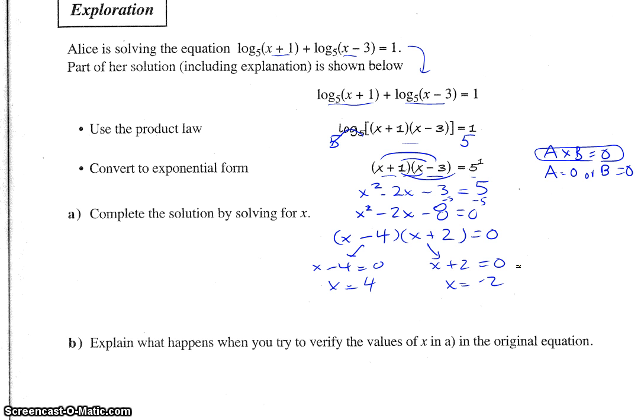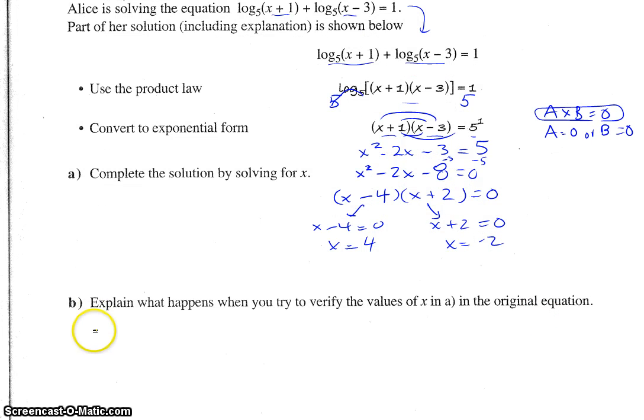All right, now to verify, it says explain what happens when you try to verify these ones in your original equation. So if we put in 4, we'd have log base 5 of (4 plus 1) plus log base 5 of (4 minus 3) equals 1.